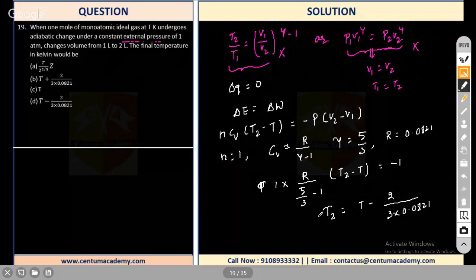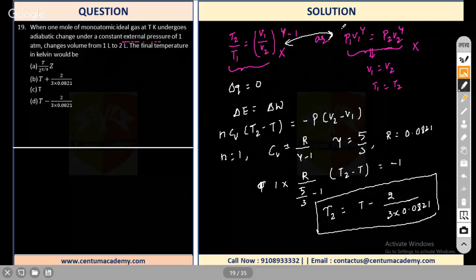This question I have already discussed in the class, especially in Rajinagar. I remember this. And I told you, since the external pressure is not variable here, it's constant, we cannot use this expression here. With this expression, this is also true, and this is not the case we have.